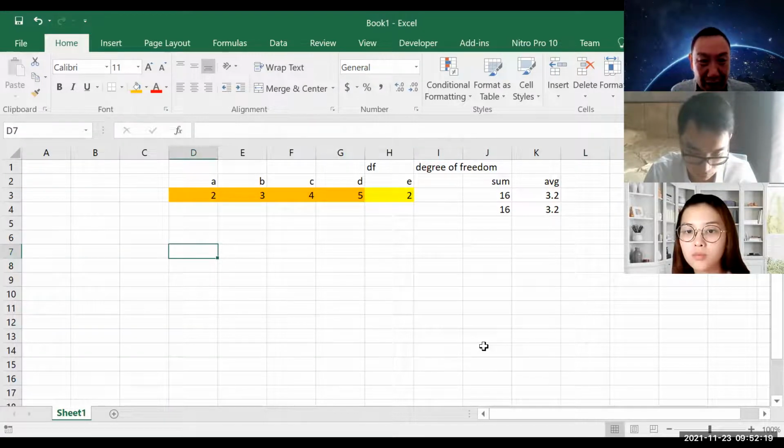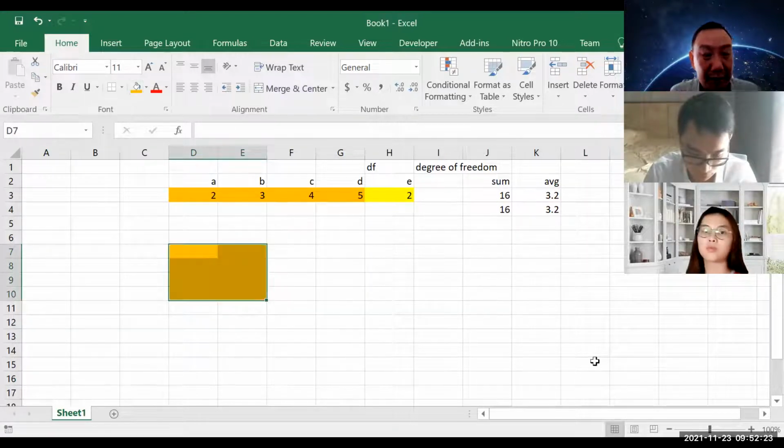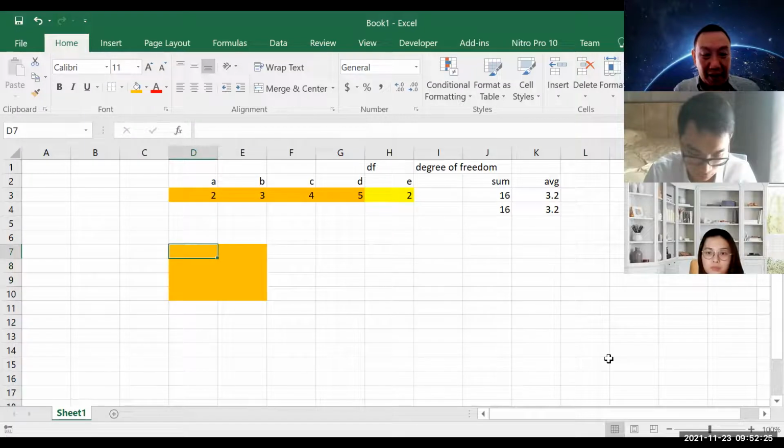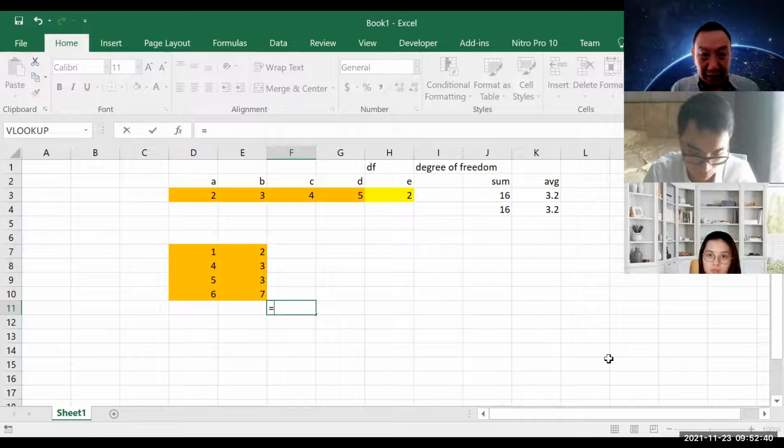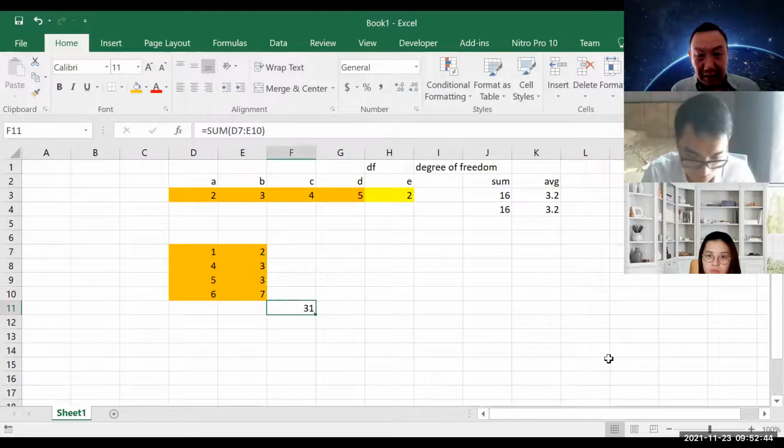For example, I will have a table something like this. This is the same table. You can fill up with any number: 1, 2, 3, 4, 5, 3, 6, 7. Okay? So then I'll take the sum here. The sum is 31, right?